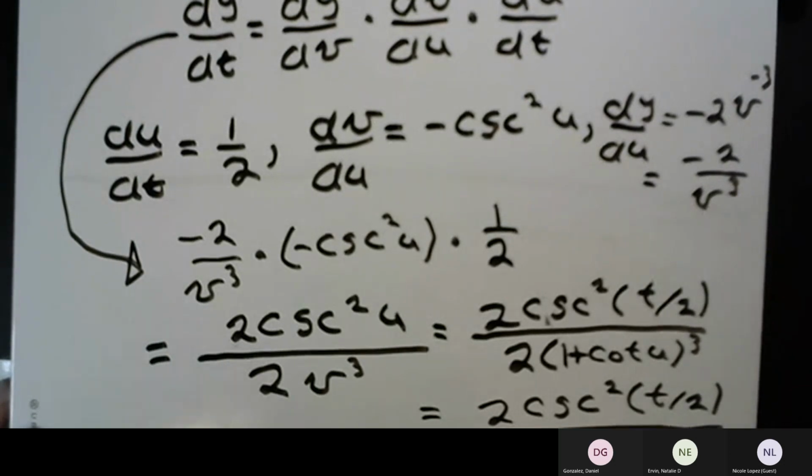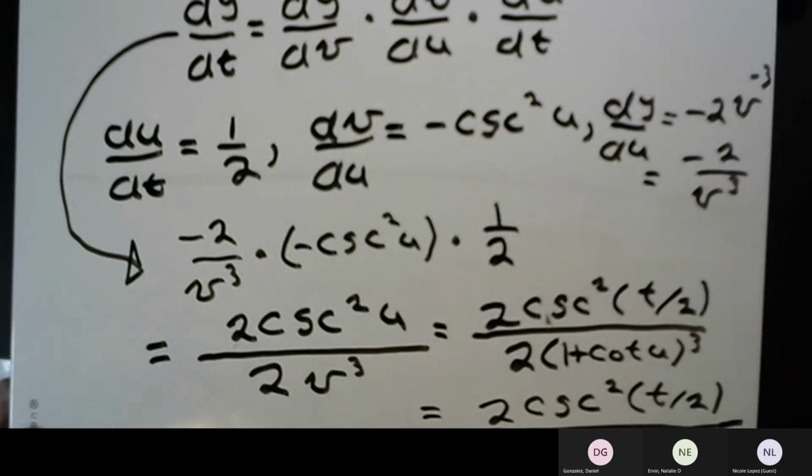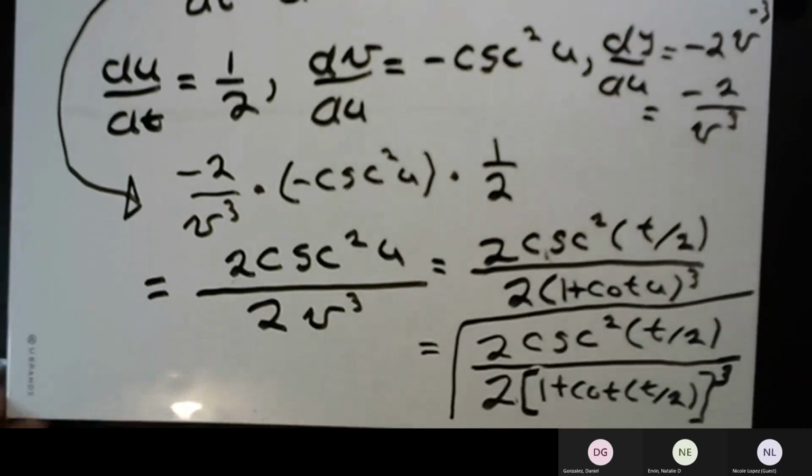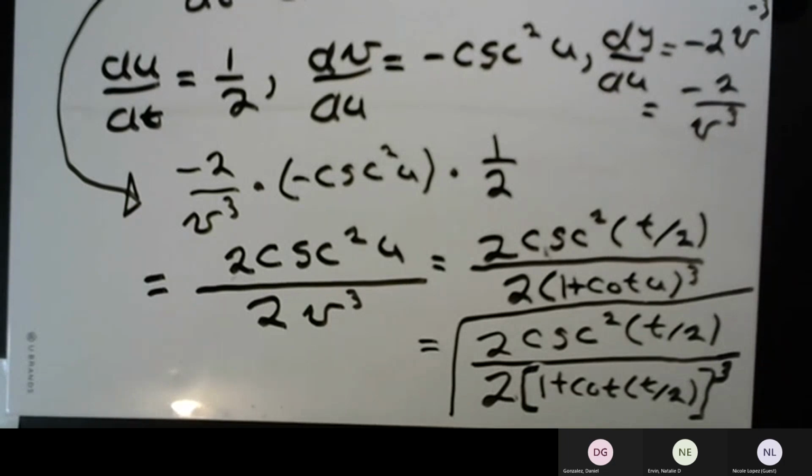Squeeze that t over 2 in there. I'll put brackets here to differentiate a little better. And so that, there we go, sorry about that. That is going to be your answer. So questions about that?